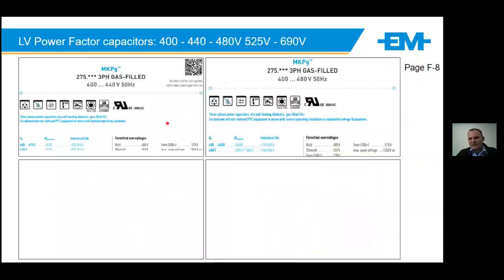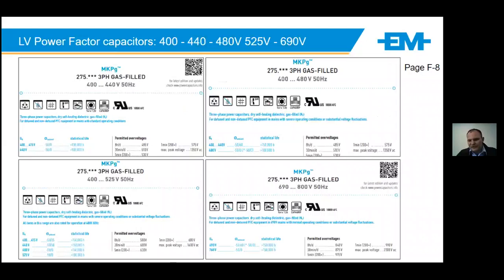As EM, we stock the units from 400 volts to, let's say, 800 volts. What I want to highlight on the different ranges, which is quite important, is the statistical life and the over-voltage conditions that are allowed. If we look at the 440 volt rated continuous use, the statistical life is greater than 100,000 hours.